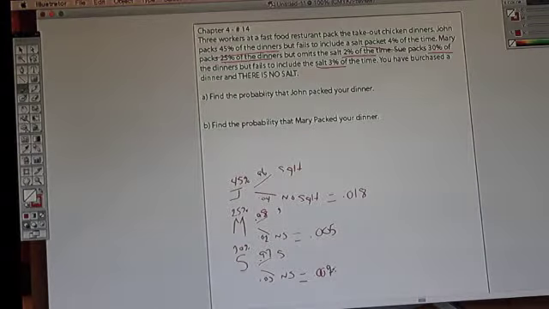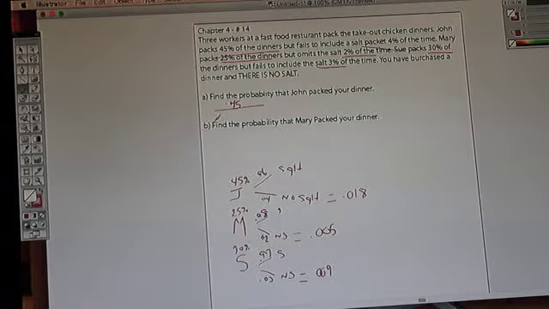Now, in order to find the probability that John did not pack your salt, you need what his initial probability is. So it's 0.45 overall that he did pack your dinner. You're going to divide that by the grand total of the probability that there is no salt.